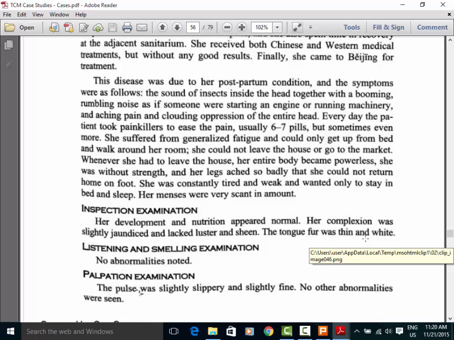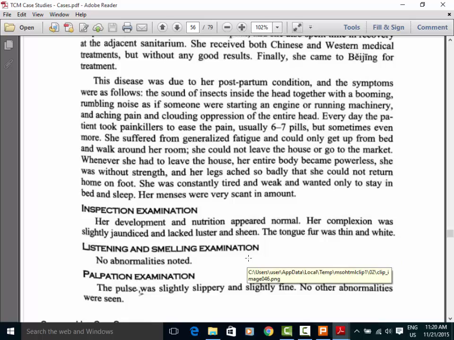Let's look at the symptoms that you have. Slightly slippery, spleen deficiency. Slightly thin, blood deficiency, yes. Jaundice, spleen deficiency. Lacking luster and sheen describes the deficient Shen complexion, deficient facial complexion.